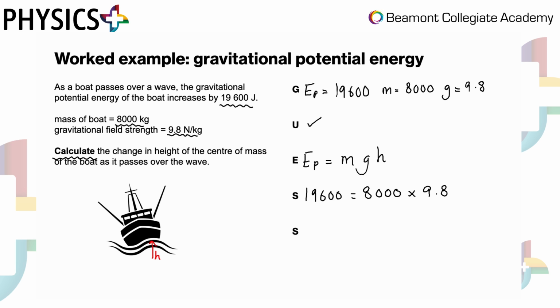However, we have not got the height. That's what we are looking for. We want to get h on its own, so therefore we are going to divide this side by 8,000 times 9.8.